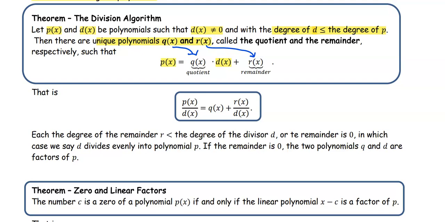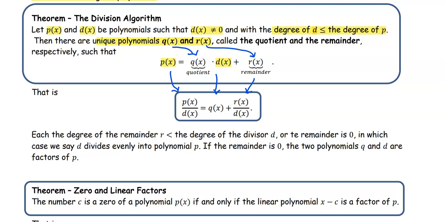When you divide by d(x), it transforms into another equation in this box: q(x) times d(x) divided by d(x) becomes the plain q(x), and r(x) divided by d(x) becomes the last fraction here. We call d(x) the divisor, q the quotient, and r the remainder.